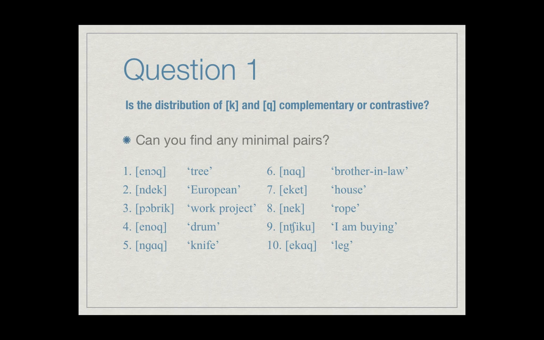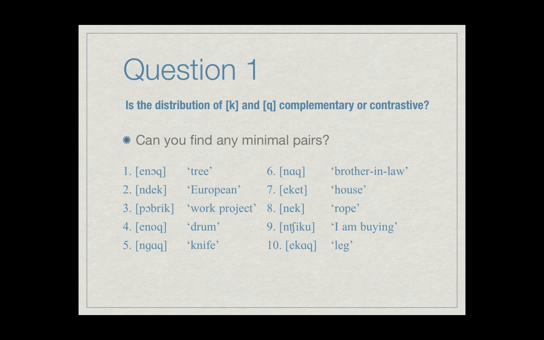You can be 100% certain that the distribution of any two phones is contrastive if you can find a minimal pair for those phones. If the distribution of k and k is contrastive, you should be able to find two words whose only difference is that one has the voiceless velar stop where the other has the voiceless uvular stop, and which have different meanings.